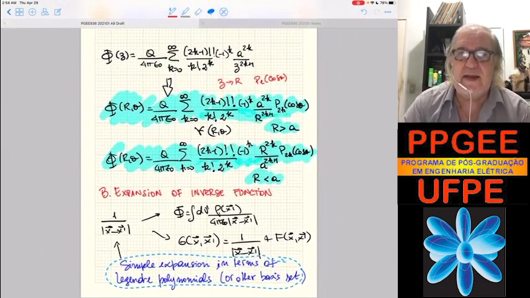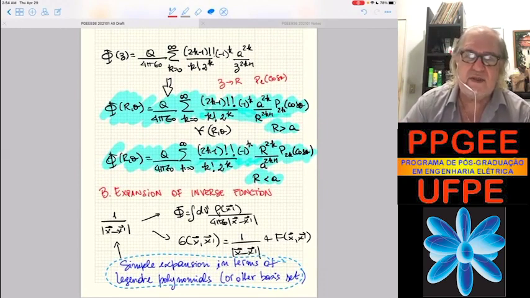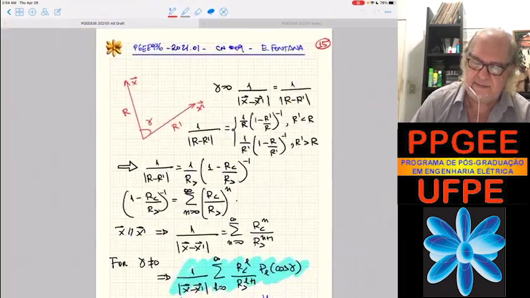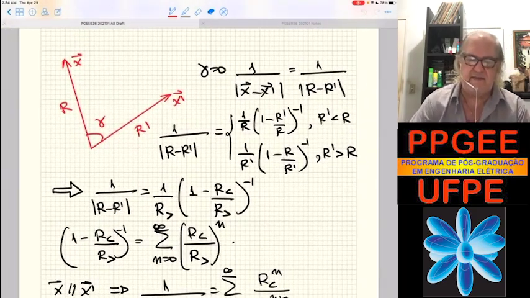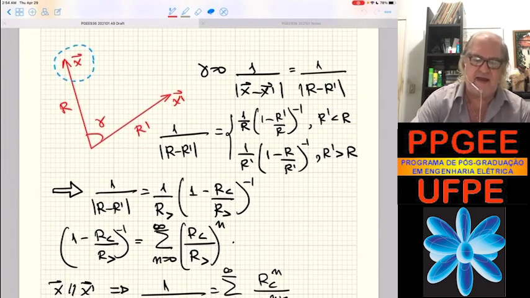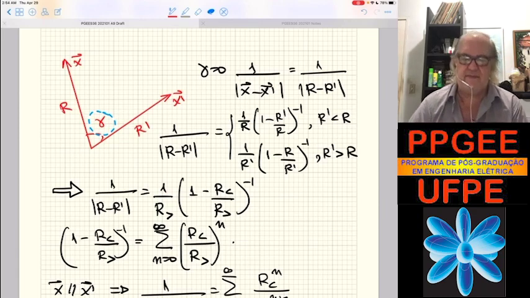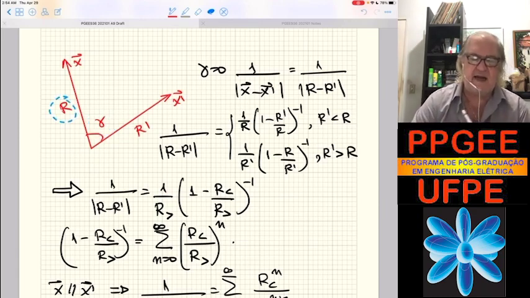And the principle is based on this technique of solving a potential problem by knowing the solution in a subdomain, right? For instance, suppose that we have the x and x prime vectors. They have an angle gamma between them. One is at r from the origin, the other is at r prime.